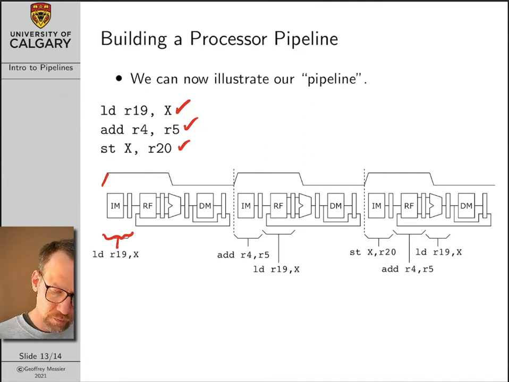Then on the rising edge of our next clock, our pipeline register, this one right here, is going to freeze the results of our fetch in place.